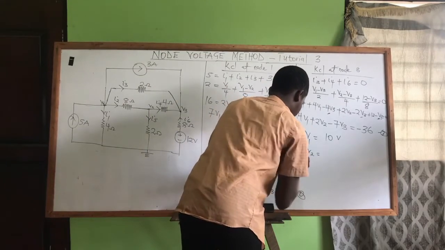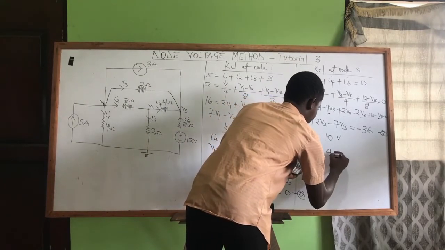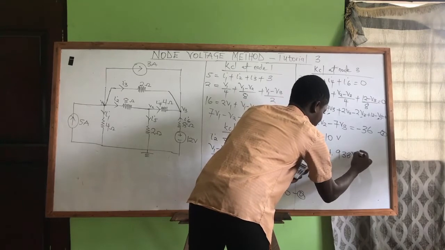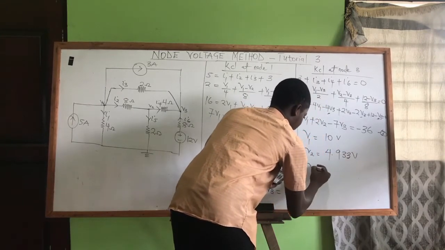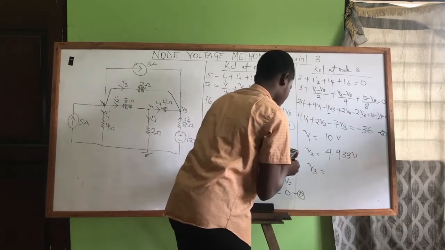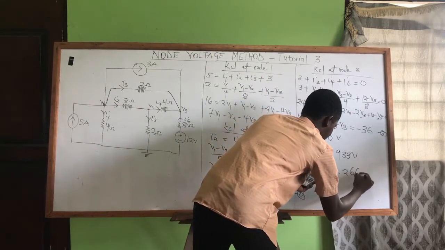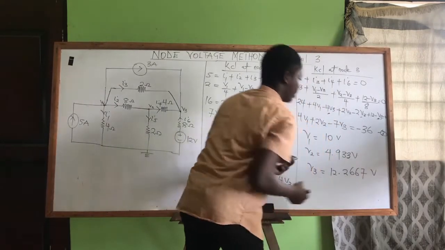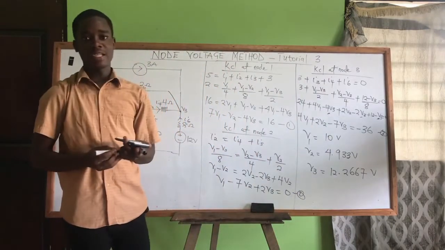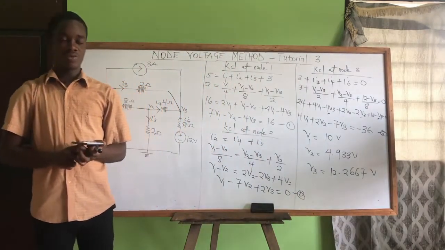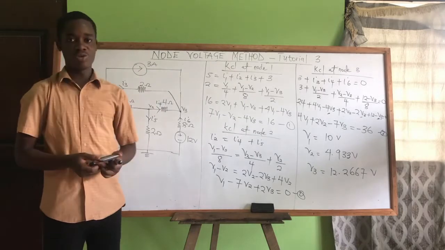Your V2 is 4.933 volts. And our V3 is 12.267 volts. So these are the node voltages we've arrived at using the node voltage method.